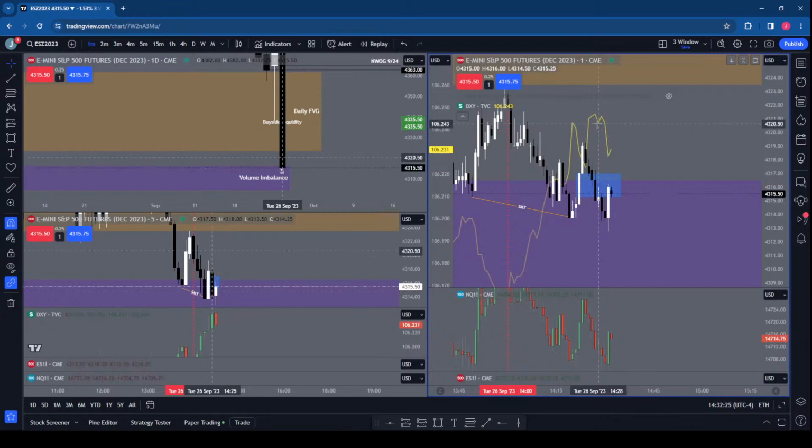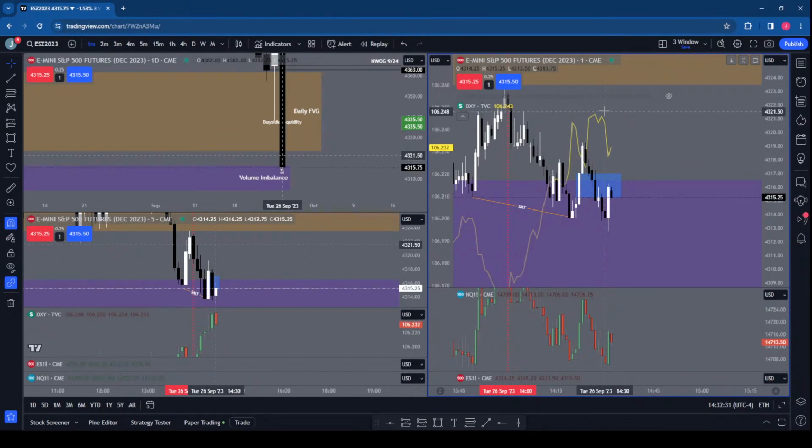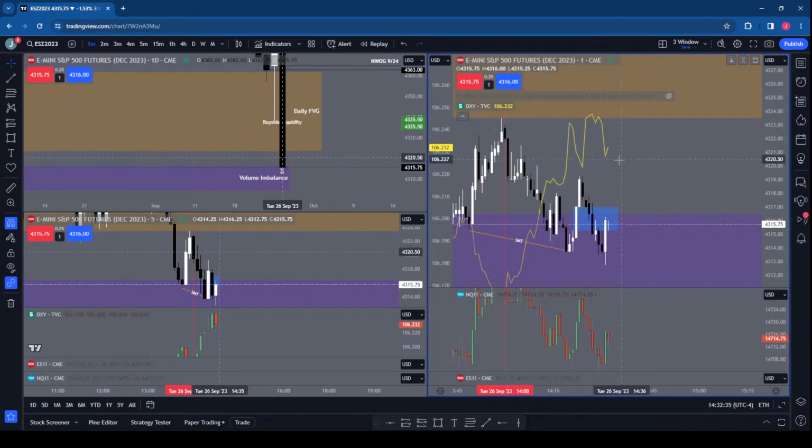So I kind of want to see us move through this blue shaded area to the upside. I want to see the dollar continue to drop.